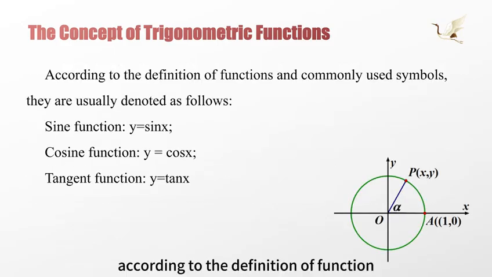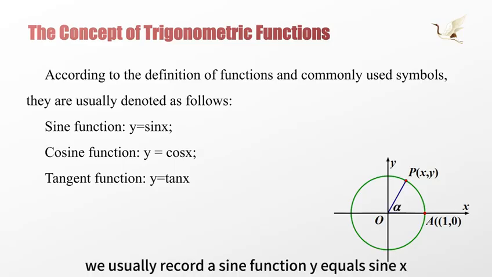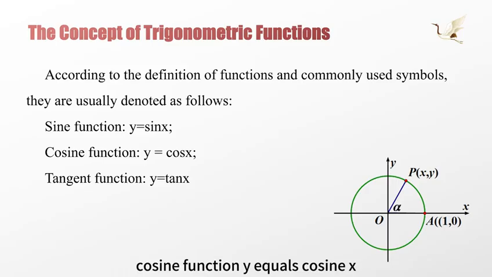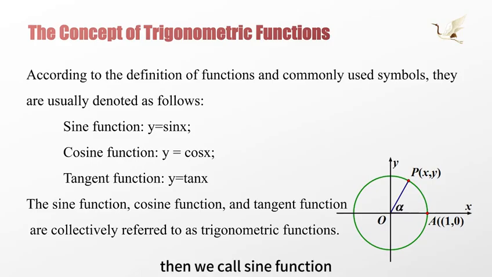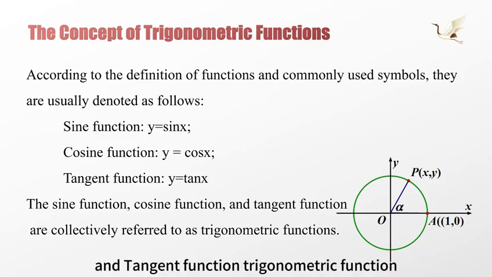According to the definition of function and common symbols, we usually record them as the sine function y equals sine x, the cosine function y equals cosine x, and the tangent function y equals tangent x. Then we call the sine function, cosine function, and tangent function trigonometric functions.